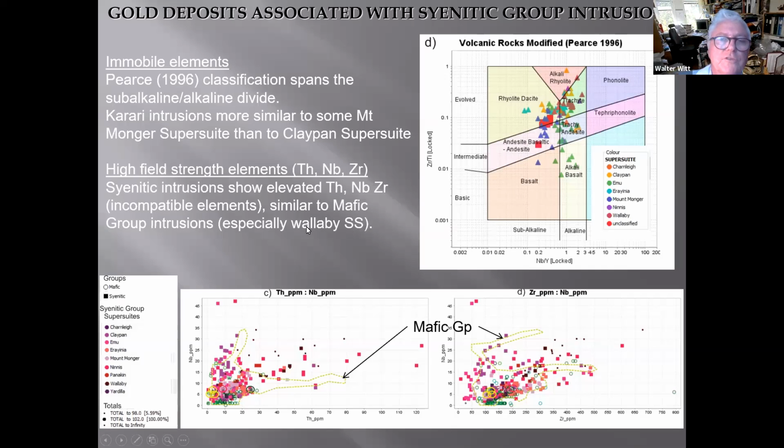The syenitic group intrusions have high field strength element concentrations, in common with the mafic group, especially the Wallaby supersuite, which is shown as these smaller brown symbols.